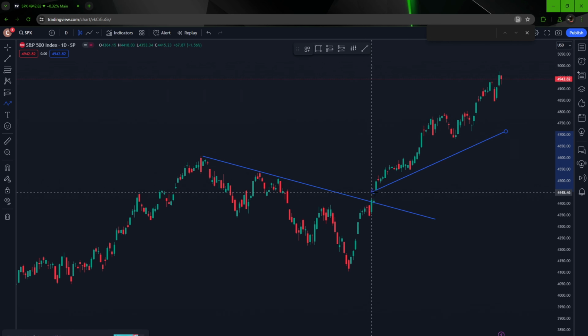It's as simple as buying off the support and selling off the resistance. Depending on how high the time frame is or how large the trend is will depend on what kind of move you're going to get in that trend at the end of the day.